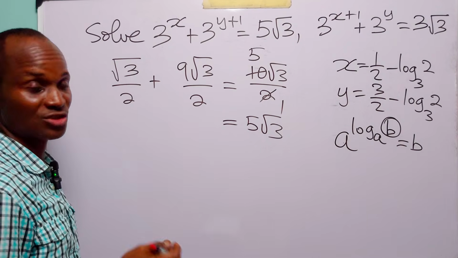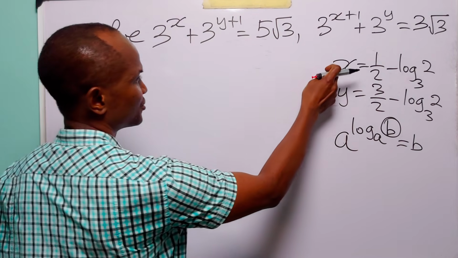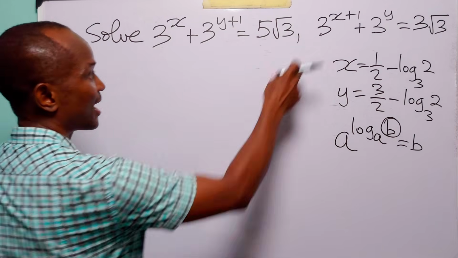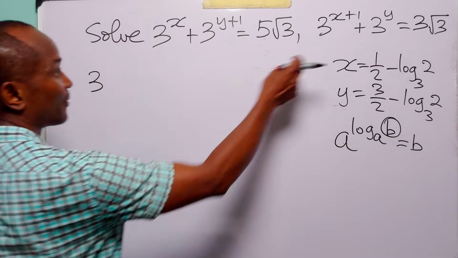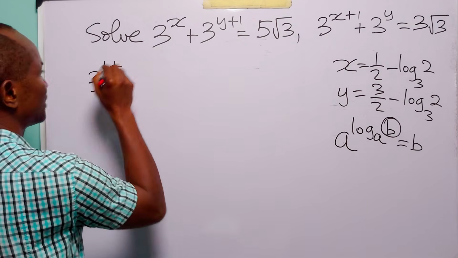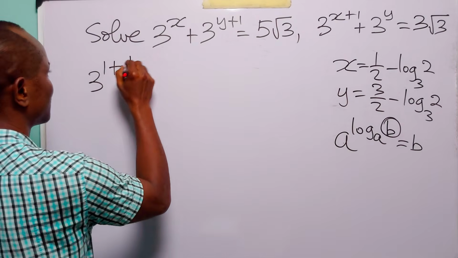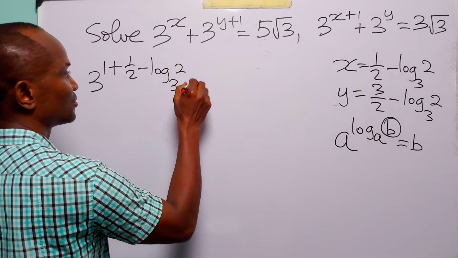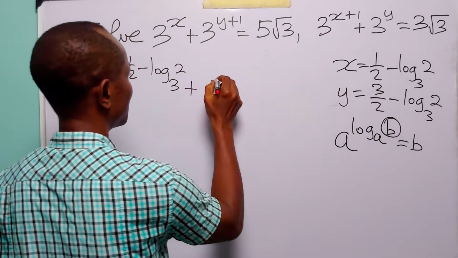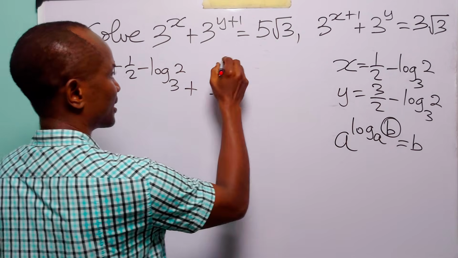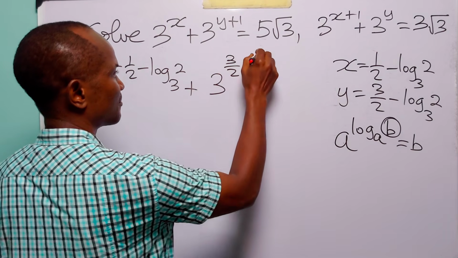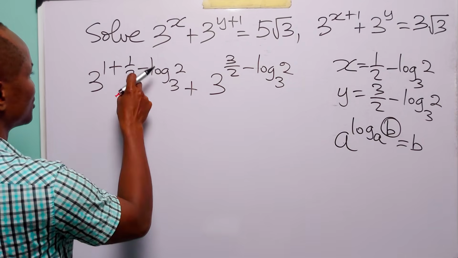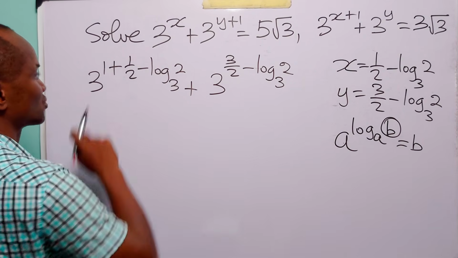And when we substitute this value of x and this value of y into the second equation, we have 3 to the power 1 plus half minus log to base 3 of 2 plus 3 to the power 3 over 2 minus log to base 3 of 2. 2 times 1 is 2 plus 1, 3.